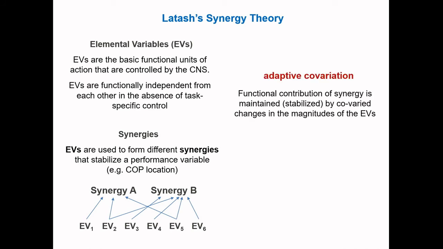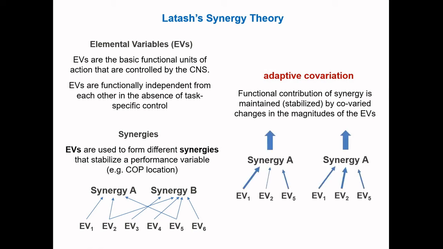The last key concept that we need is adaptive covariation. The concept of adaptive covariation proposes that the functional contribution of synergy is maintained or stabilized by changes in the magnitude of the elemental variables that comprise it. In this diagram here, we see synergy A twice.